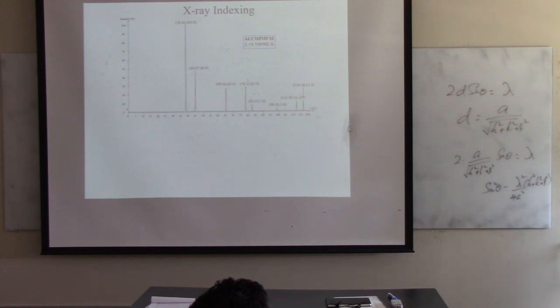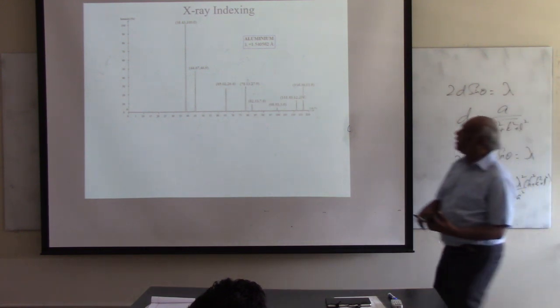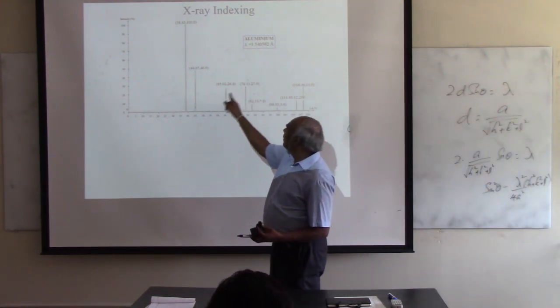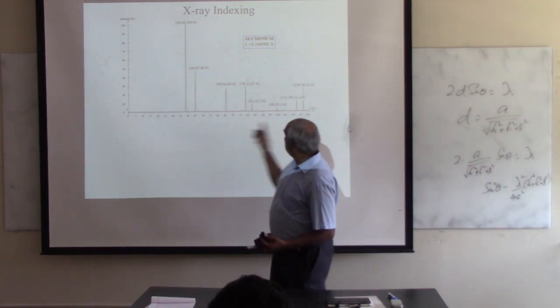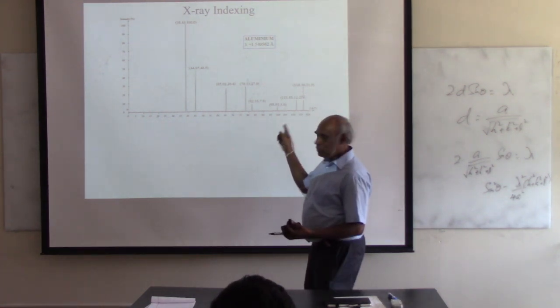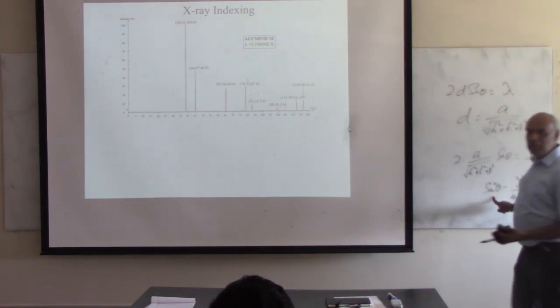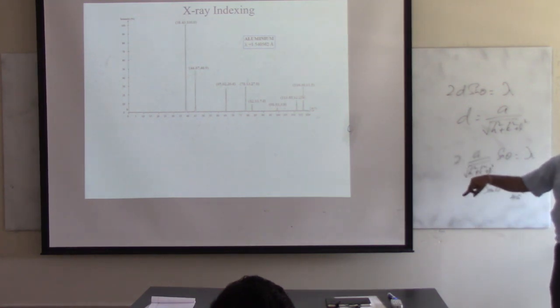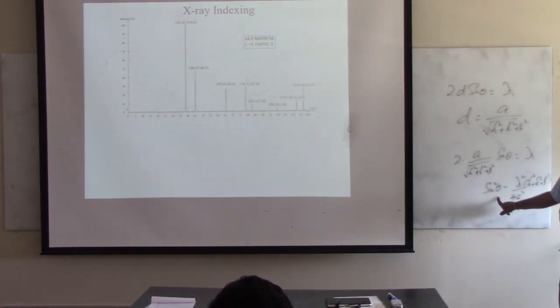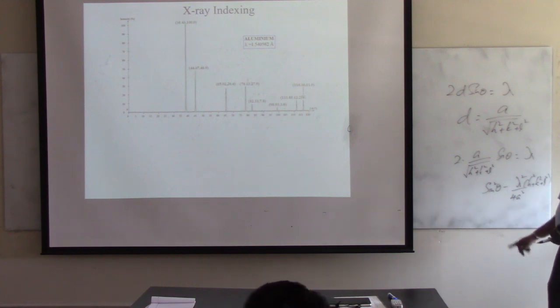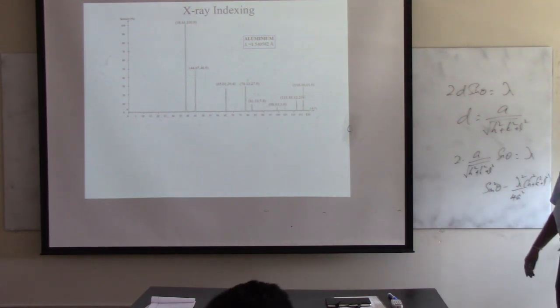Here I have all the theta values. Actually these are two theta values, so I calculate my theta value, that means divide by 2, then take the square of that. So that's all. After that you just do some comparison.